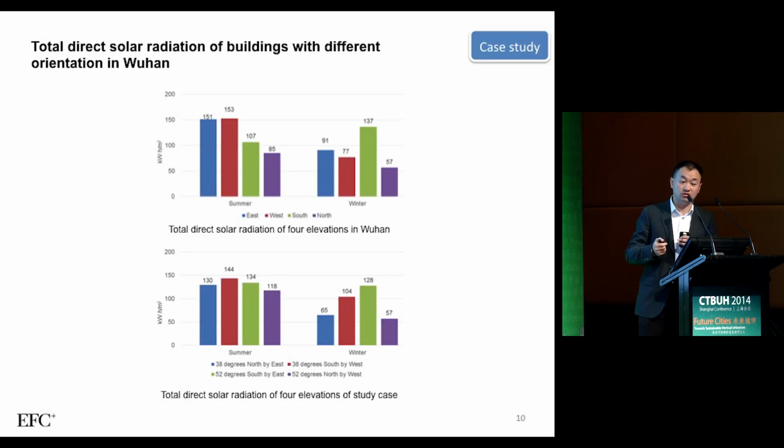When we analyze this case, it shows that in summer and winter, the direct solar radiation for the four elevations does not change so much.